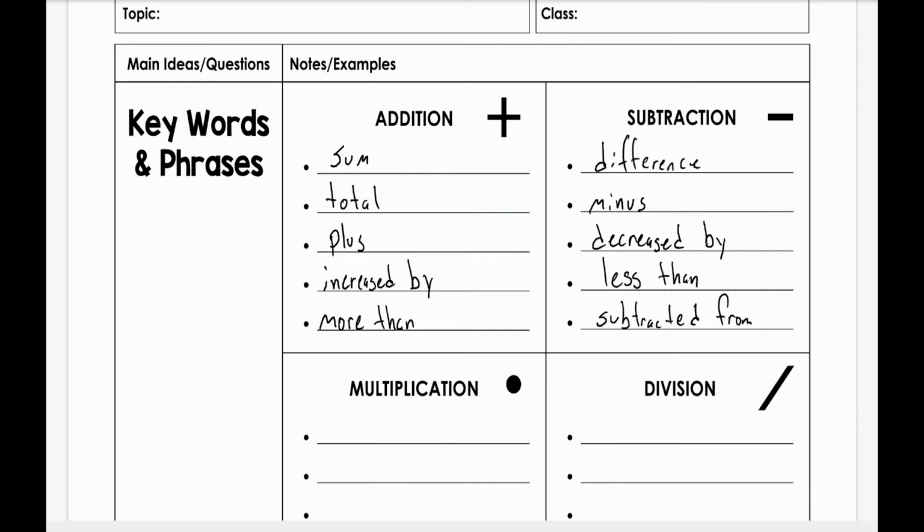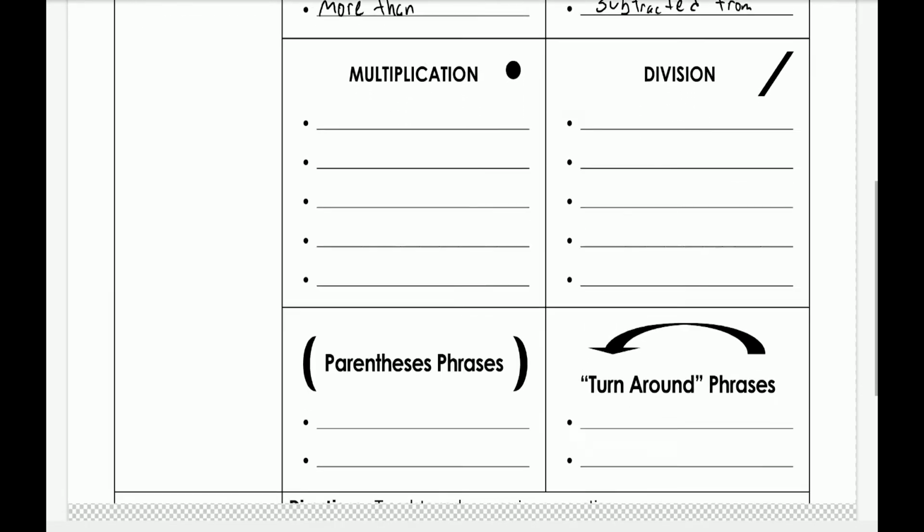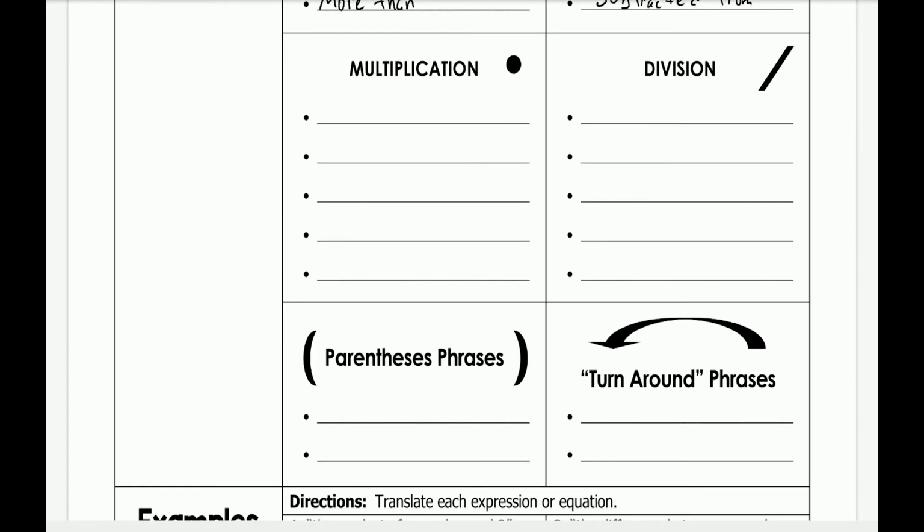So let's move on to multiplication and division. With multiplication, we could have the words times, product, of, twice, double or triple, and so on.